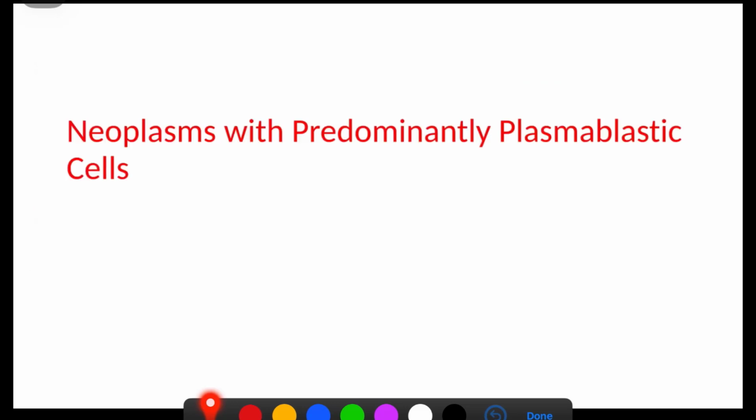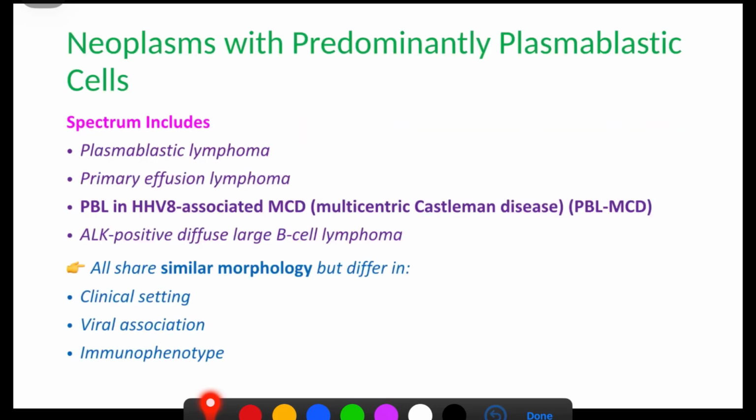Now let's see neoplasms with predominantly plasmablastic cells. This category includes a spectrum of diseases like plasmablastic lymphoma, primary effusion lymphoma, plasmablastic lymphoma in human herpes virus 8 associated multicentric Castleman disease, which is called PBL-MCD, and ALK positive diffuse large B cell lymphoma.